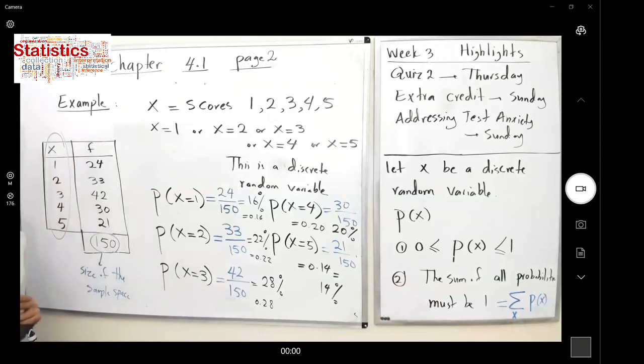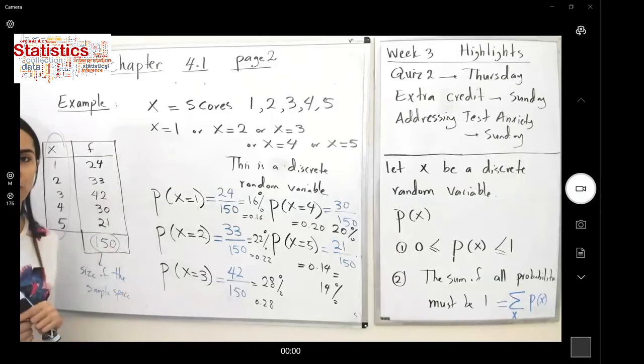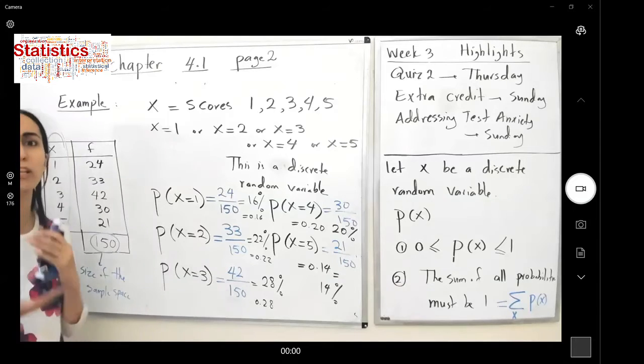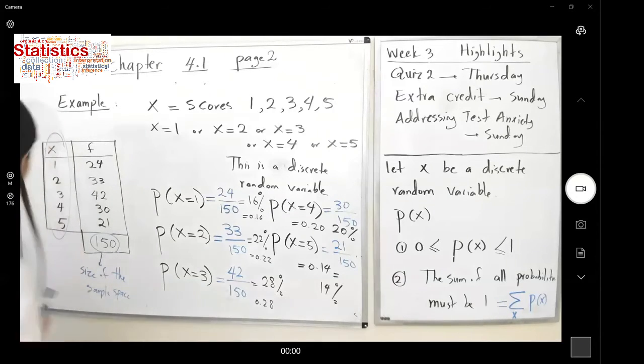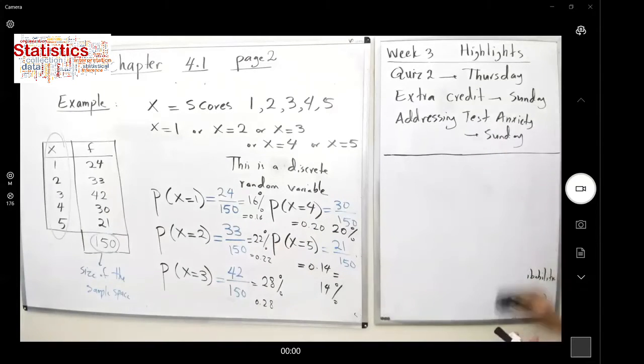Discrete random variable. Okay. Now I expect you to ask, what should I do with these numbers? How can I visualize them? Well, we're going to use a histogram to visualize this probability distribution. So let us form our histogram. What goes on the horizontal axis?